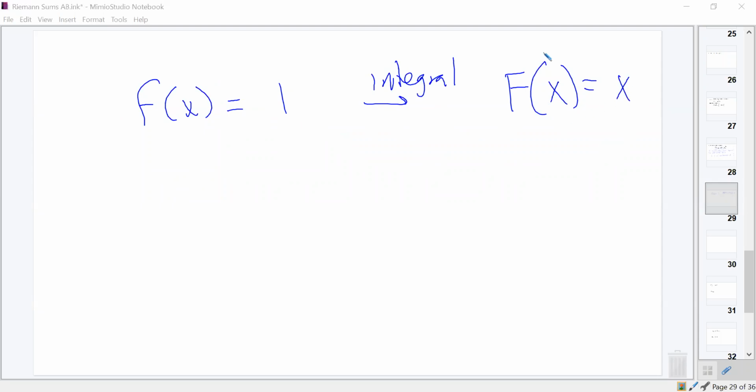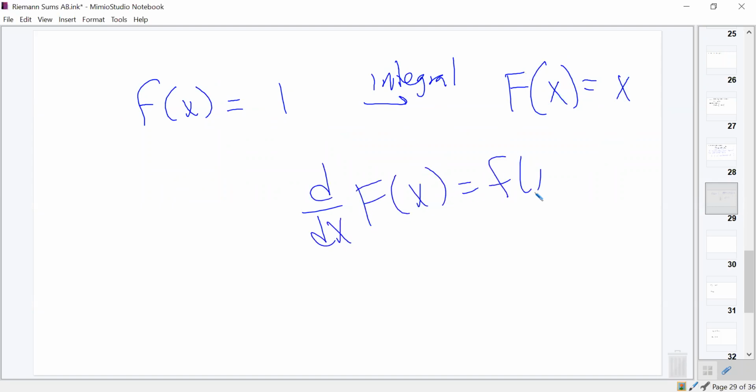The reason is, if we take the derivative of capital F of x, we have to get little f of x. Everybody follow with that? And one function that when we take its derivative gives us 1 is just the function x. Everybody okay with that or no?